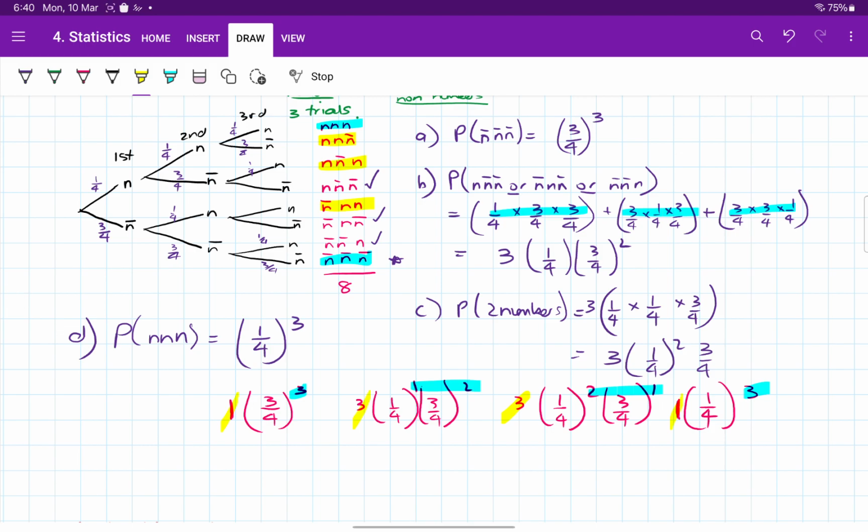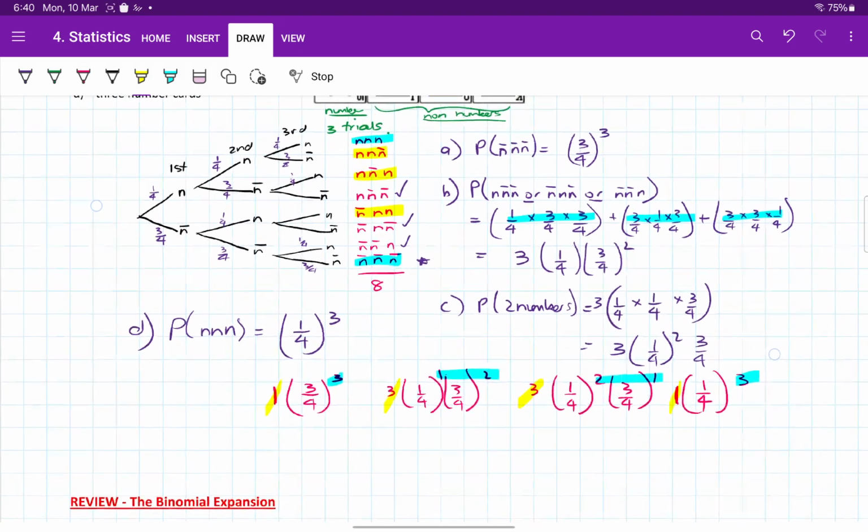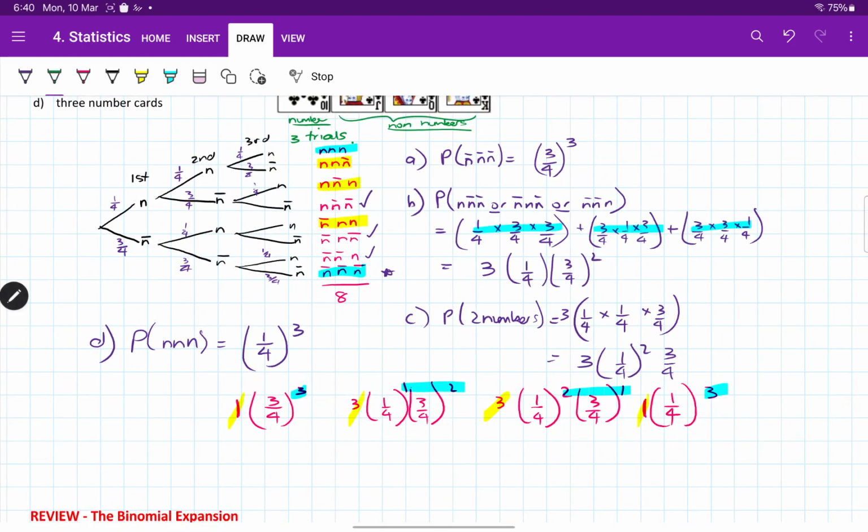Okay. Right now, all I'd like to do is get you to finish this question here. What about if we had 5 cards selected? Could you work out the probability of getting 2 number cards?